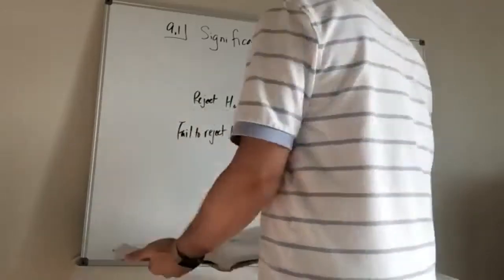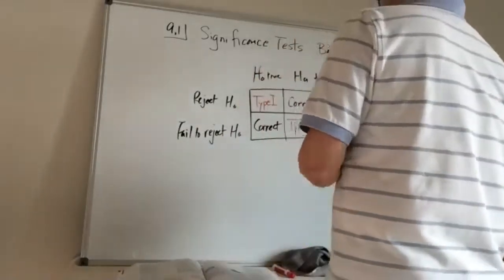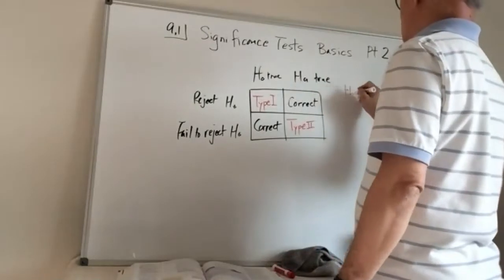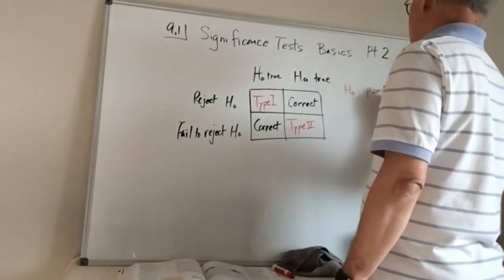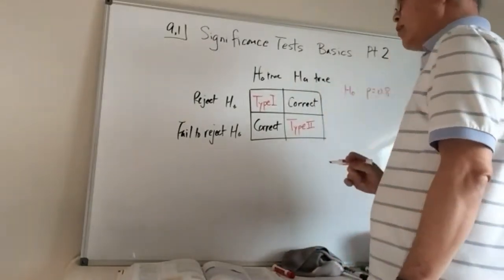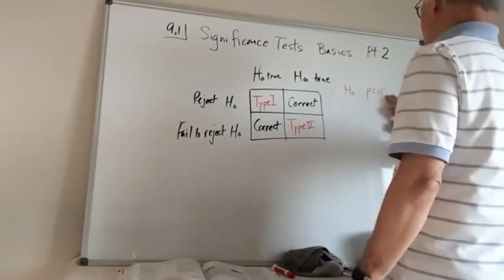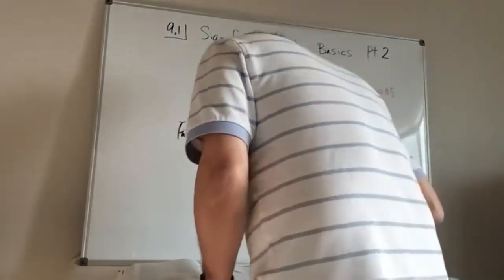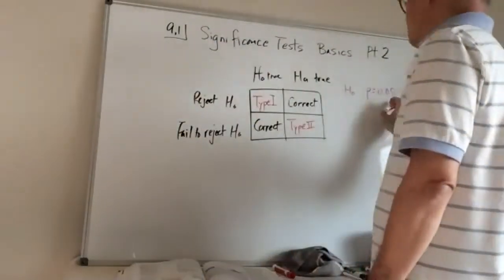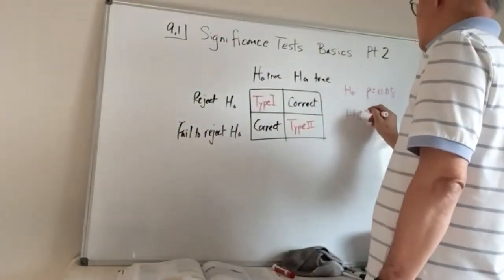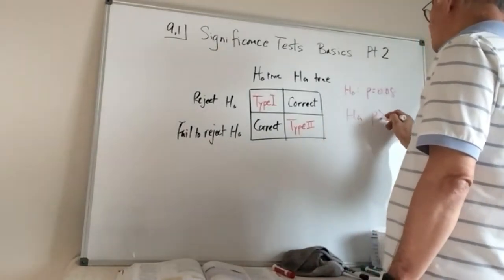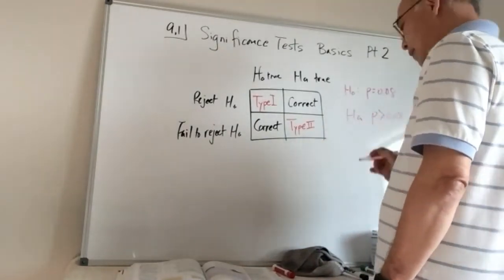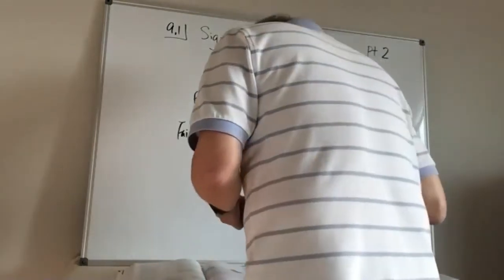So in this setting we have H0: p equals 0.08, the probability of blemishes is 0.08, and the alternative Ha being that p is greater than 0.08.